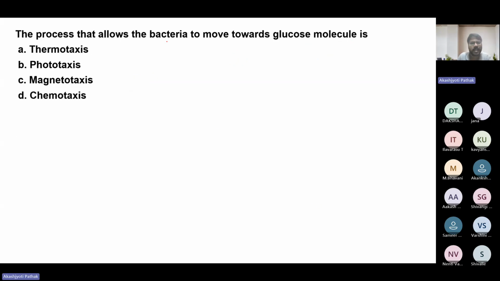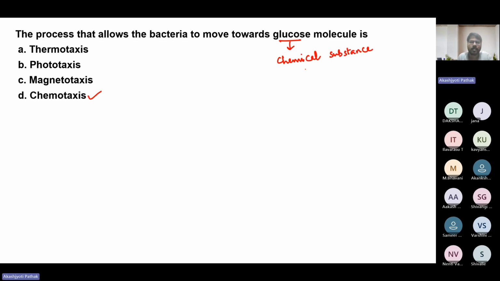Now, the process that allows bacteria to move towards a glucose molecule is what? The options are thermotaxis, chemotaxis, phototaxis. The answer is chemotaxis, isn't it? Bacteria have a structure called flagella, which helps the bacteria move from one location to another, helping in locomotion. Glucose is a chemical substance.